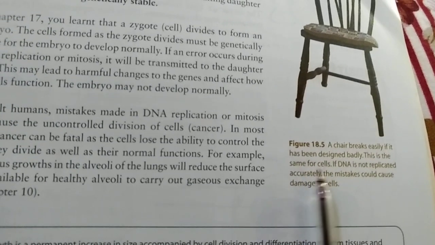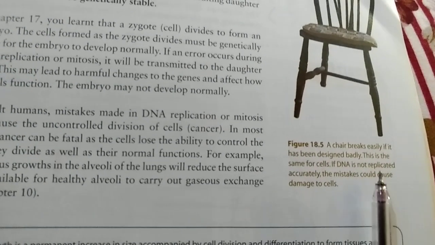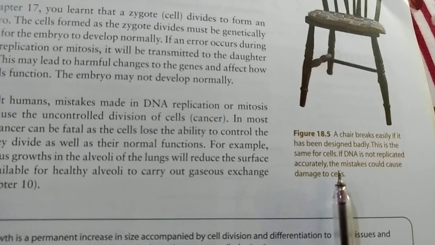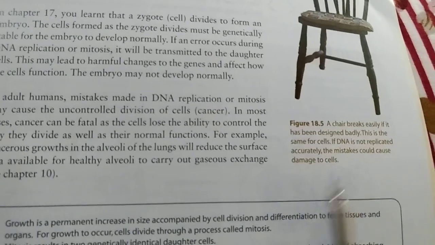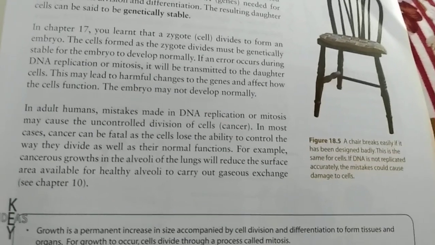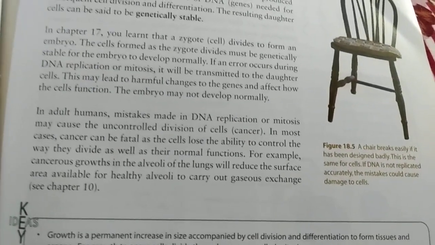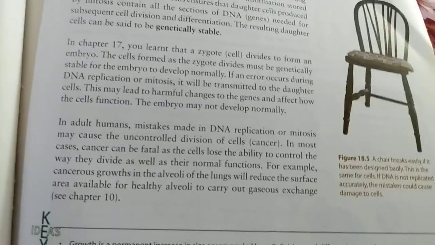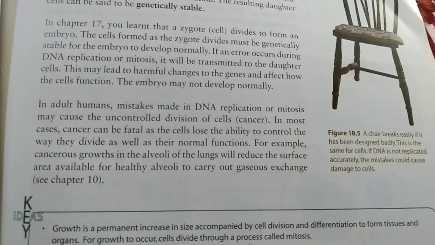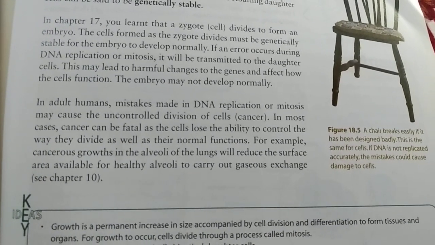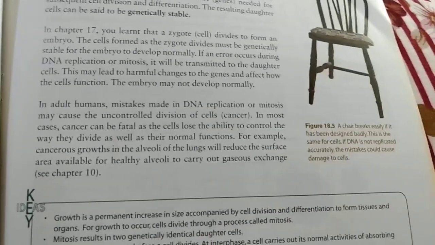This is the same for a cell. If DNA is not replicated accurately, the mistakes could cause damage to the cell. It means if things are created properly in a suitable way, then they will be stable. If they are not created in an appropriate way, it is very dangerous and easy to destroy.